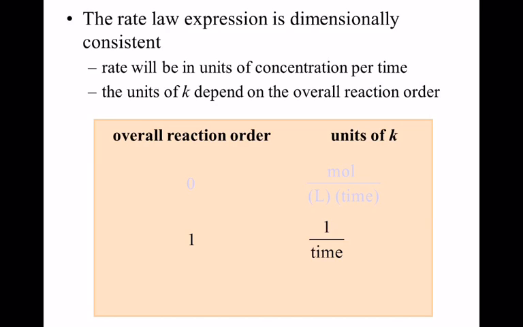So all you need K to be is per second. Why? Because you already have one of these terms. If you're already carrying a molarity and you need molarity per second, all K has to be is per second.